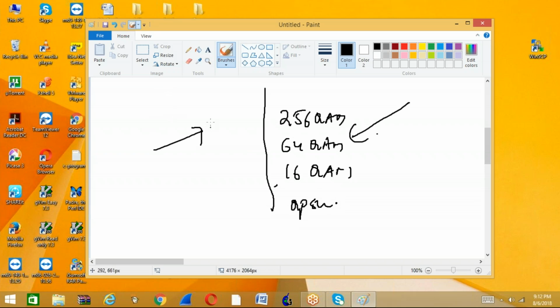In uplink we are using 64 QAM, quadrature amplitude modulation, 16 QAM, and QPSK. These are the modulation techniques we are using, for UL uplink and for DL downlink.